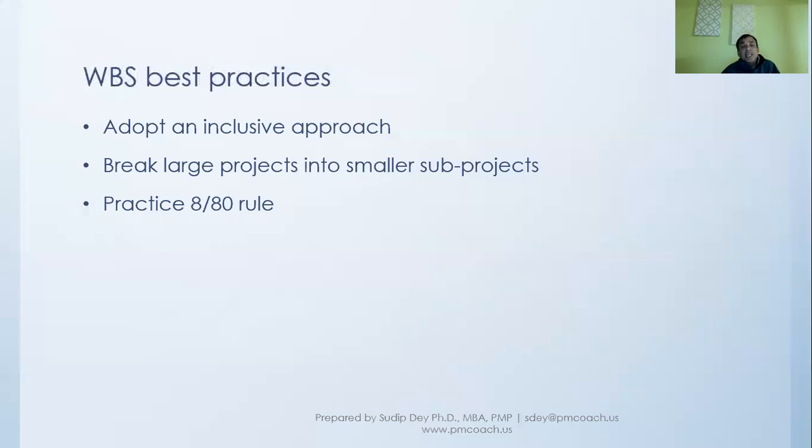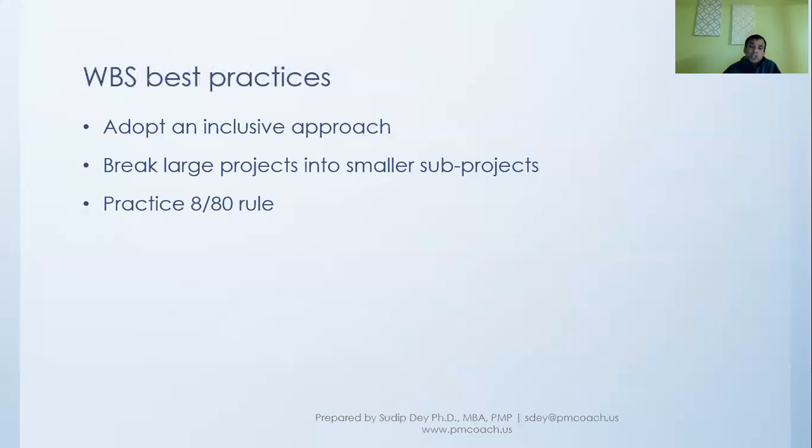And this 8/80 rule, or thumb rule, can help us in that. So what this really means is we should not decompose so much that the effort to do that particular work package will be less than 8 hours.